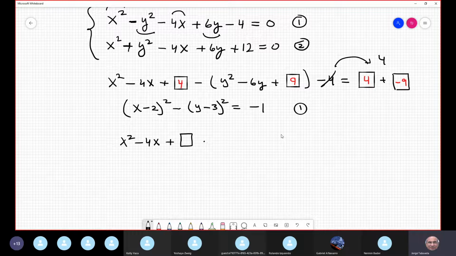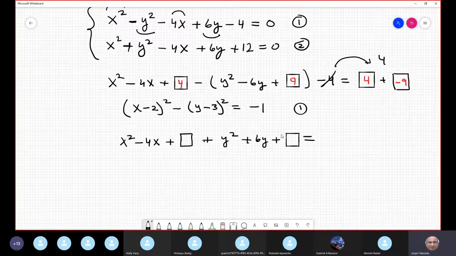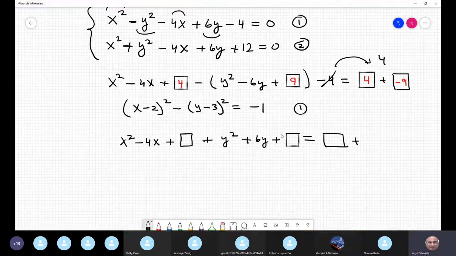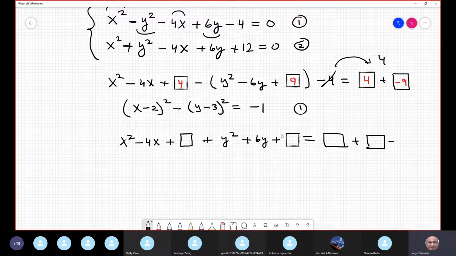Sign it plus y squared plus 6y plus box. So you have in the right hand side two boxes. Minus 12. Because it is this 12. I move to the right hand side like a minus 12.